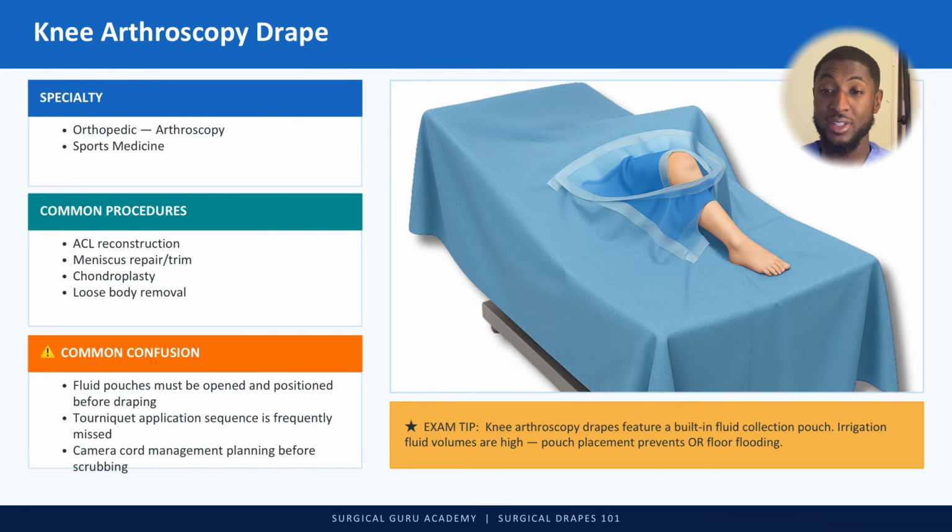And then sometimes you're going to need another suction for your shaver. And depending on what type of case they're doing and how long it's going to be, maybe not. Sometimes they need a third suction for your burner as well. Sometimes you could just switch between the two, but other times you might need an extra one. So all of those tubings, it could be a lot.